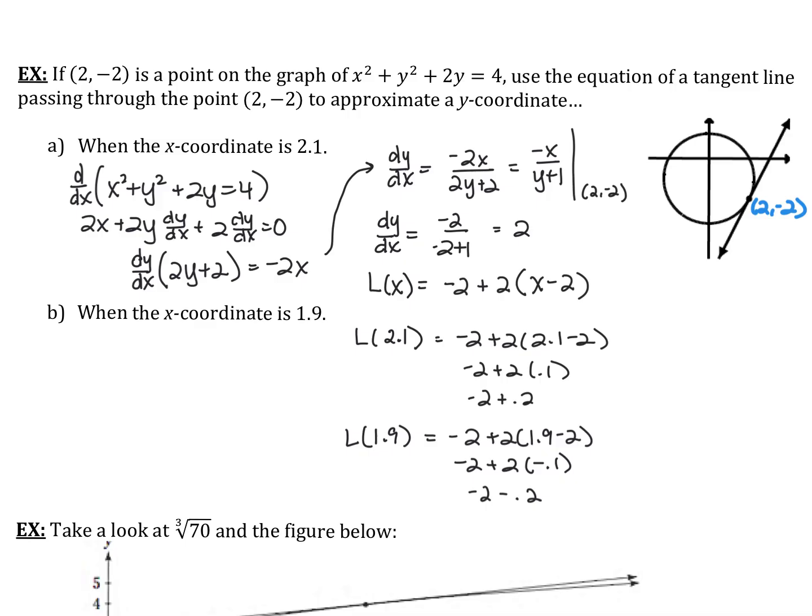And so my function value at 2.1 is approximately equal to my linear approximation at 2.1, which we said was negative 1.8, and my function value at 1.9 is approximately equal to my linear approximation at 1.9, which was negative 2.2. And that's how we use a linear approximation.